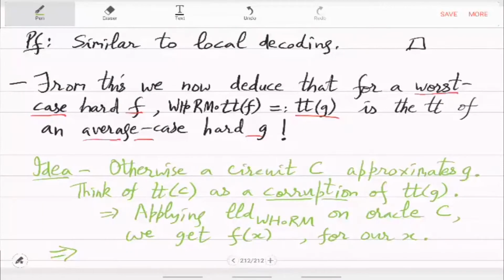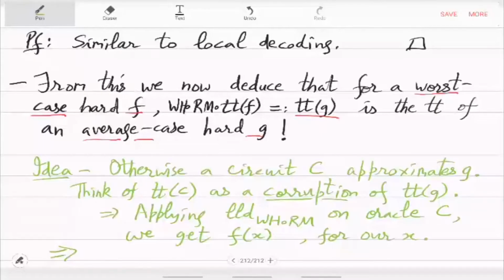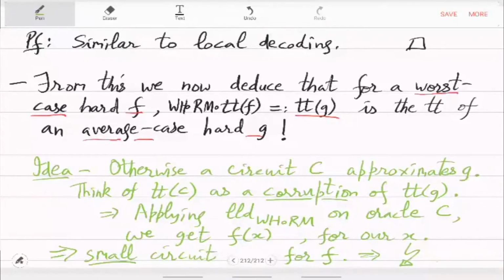Now, C is a small circuit, and the local list decoder is an algorithm which is very fast, so that also you can think of as a small circuit. So overall you get a circuit for f, which is a contradiction. That is the idea.